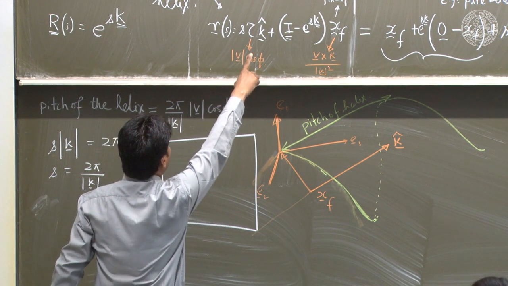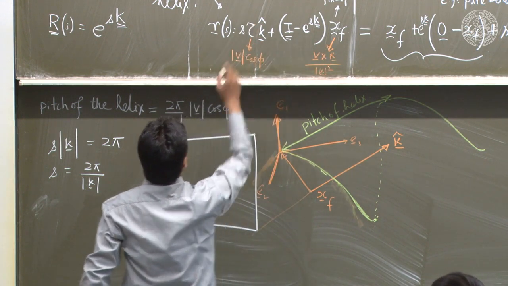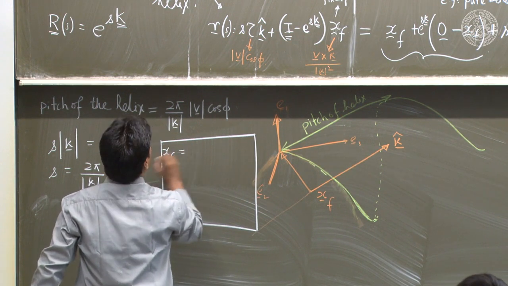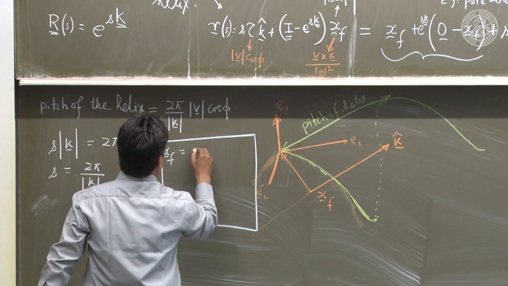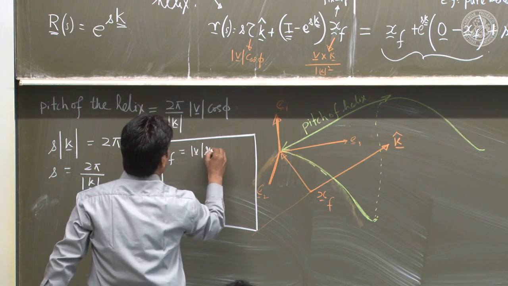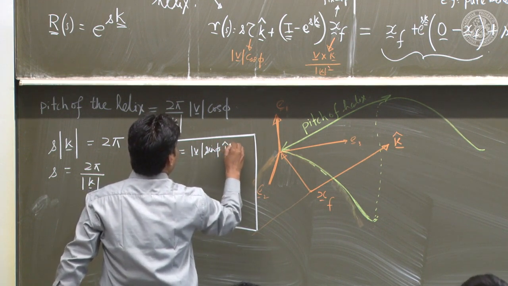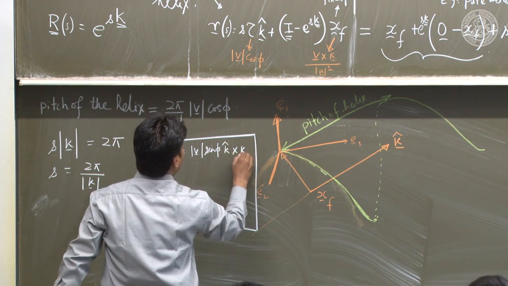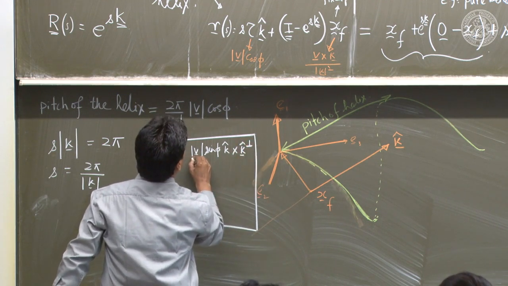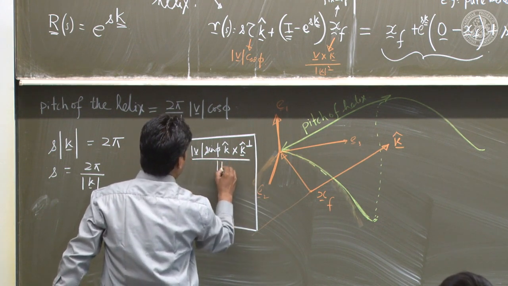Okay, what you see over there, if I compare these two, what is my little x of f? It is the magnitude of v sine phi, k cross k perp, divided by the magnitude of k.